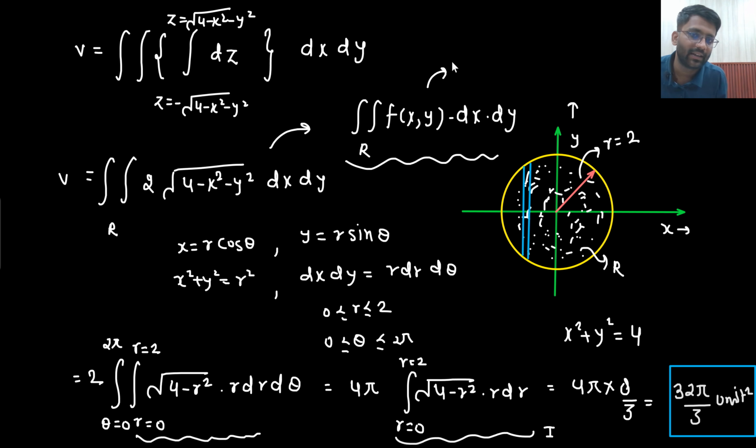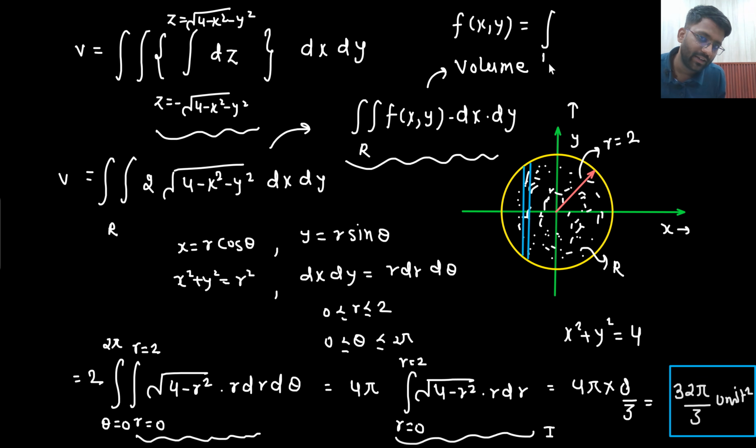It is representing the volume. Right? So this f of x comma y, how has it come? By the limit of z. What is your f of x comma y? F of x comma y is nothing but the limit of z dz.